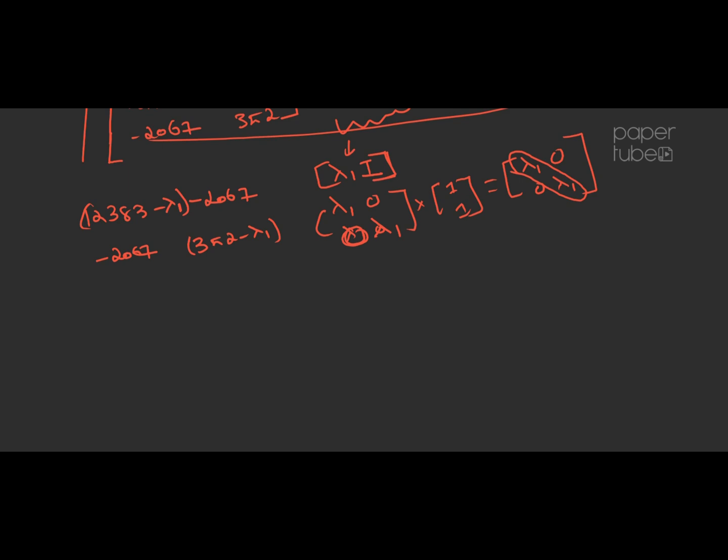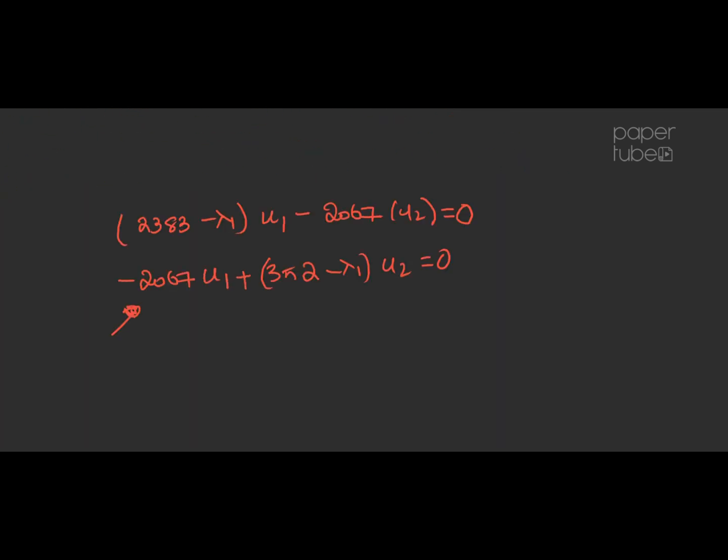Then you multiply with your eigenvector u1, minus 2067 multiplied by your eigenvector 2, which is u2, equal to 0.